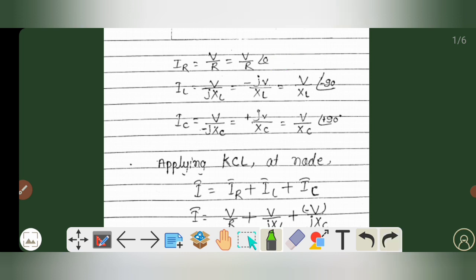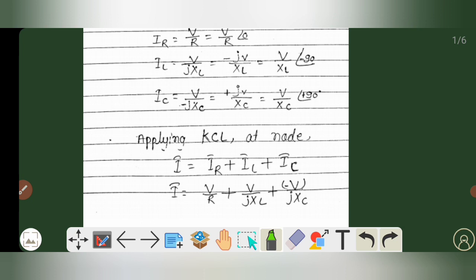In the same way, the current across the inductor, IL, will be V by XL at angle minus 90 degrees. And the current across the capacitor comes out to be V by XC at angle plus 90 degrees.